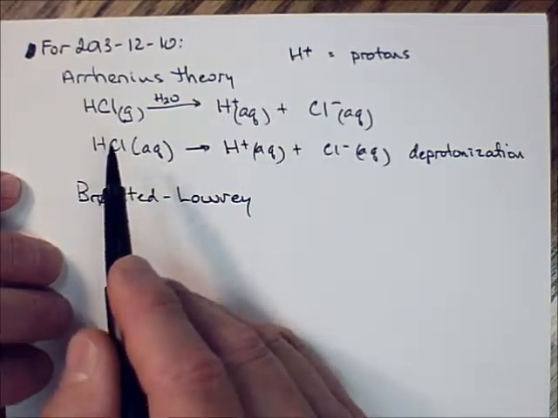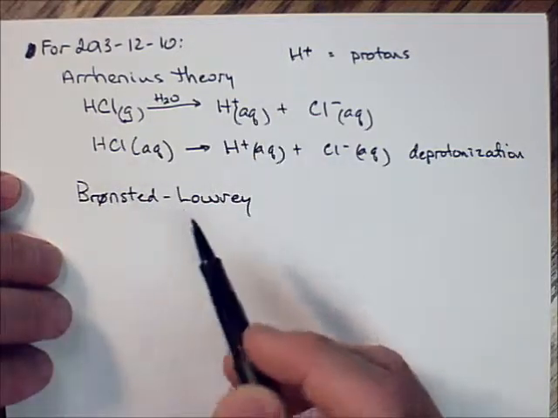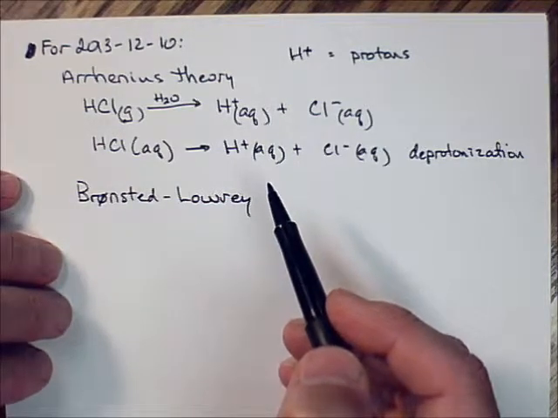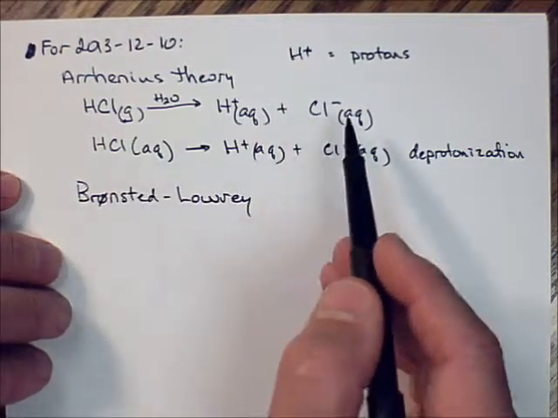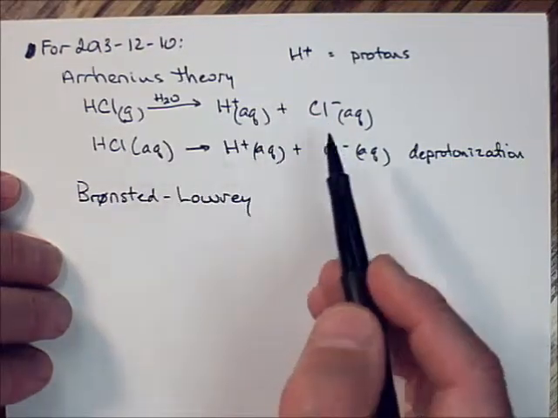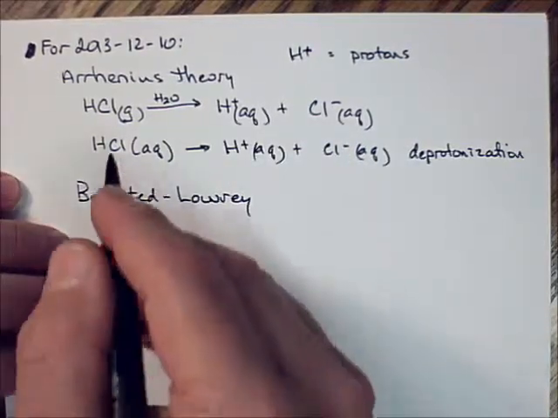If you can take a hydrogen from someplace and put it on something else, that's a Bronsted-Lowry acid, regardless of whether it's water. But a lot of the time, when we're dissolving the acid in water, the hydrogen ion actually joins up with the water. It's kind of the same process, but a little more involved.